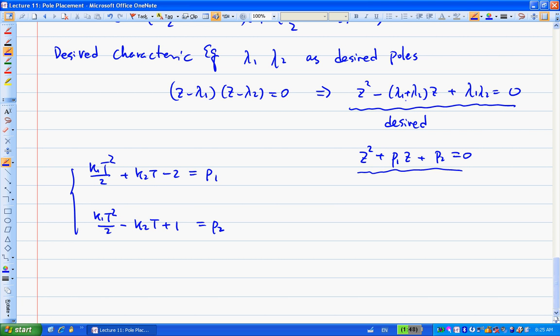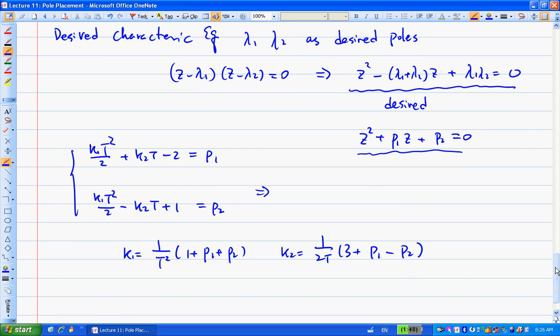Once you solve that, we end up with K1 equal to 1 over t squared, times 1 plus P1 plus P2. And K2 is 1 over 2t, times 3 plus P1 minus P2. Okay, so that's the solution.